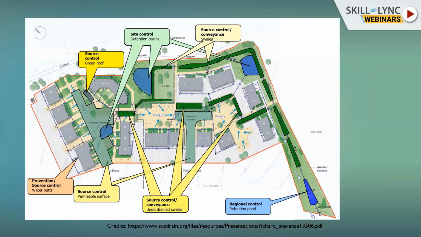So this was the complete project description where we applied this SuDS. Currently, since its construction, the performance of these SuDS elements is being monitored, and the site is delivering promising performance as it was desired at the very start.